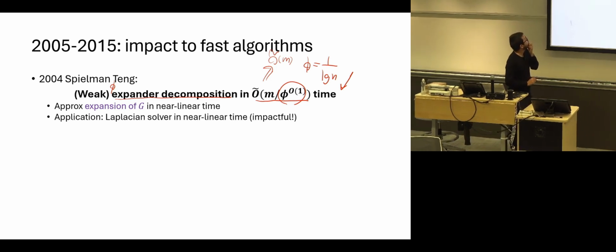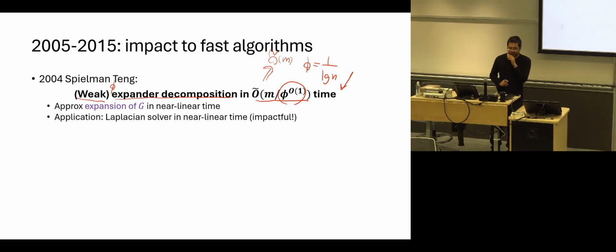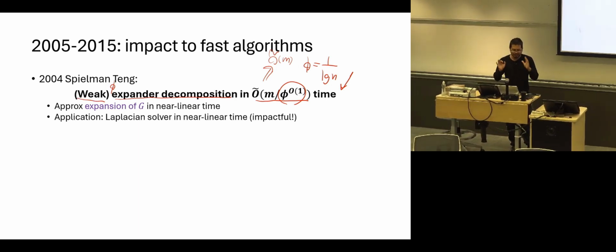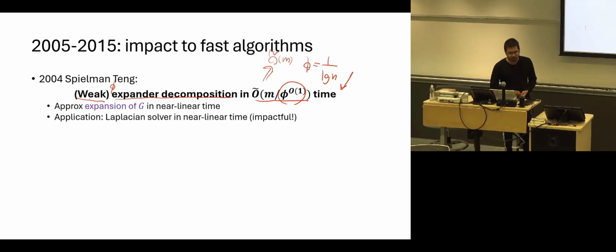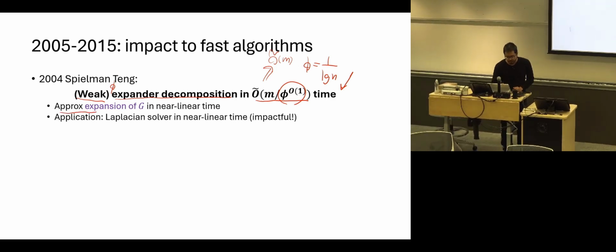And right, it's weak in some sense. It's not quite expander decomposition exactly like we learned in class. It's a bit weaker, but it captured the spirit and it's useful enough. Okay. And so this is basically the first work that can be used to approximate the expansion of G. By G, I mean the degree node weighting of G, okay, in linear time.